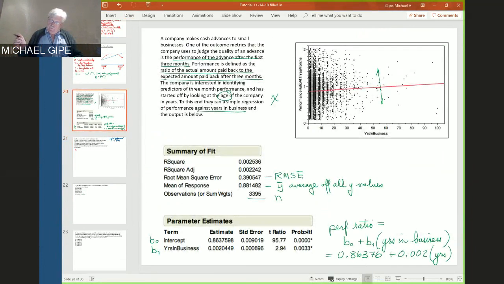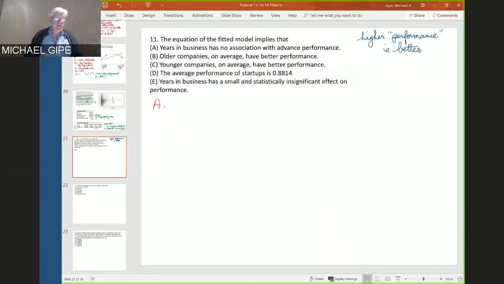What do we have here? We have a T ratio, 2.94. That's pretty good. T equals 2.94. P is very small. And that tells me that the true slope is not likely to be 0.